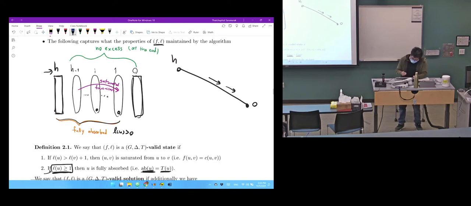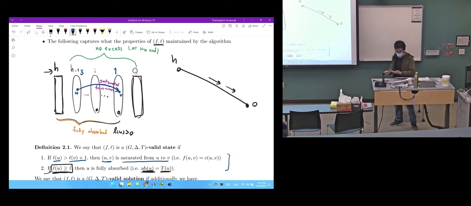And the next thing is that if you look at any edge UV, if U is here and V is here, and this is skipping a level, like if this is level 1 and this is level 3, not 2, if the level of U is greater than level of V plus 1, then the flow will be fully saturated from U to V. So the flow must be sent from U to V in the saturated way.